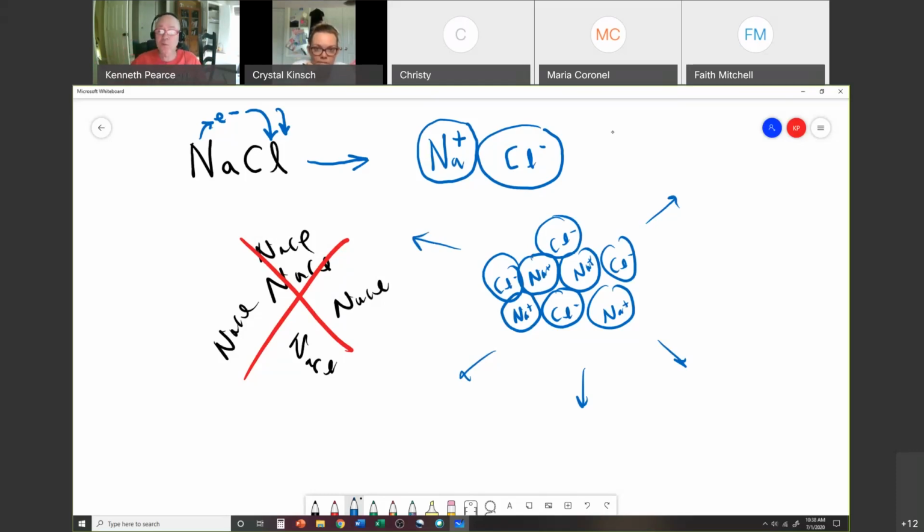So what does this mean? What is holding these guys together in the first place? In a roundabout way, it's the pluses attracted to the minuses. Opposite charges attract. And so what do we have here? We have this sodium attracted to that chlorine.